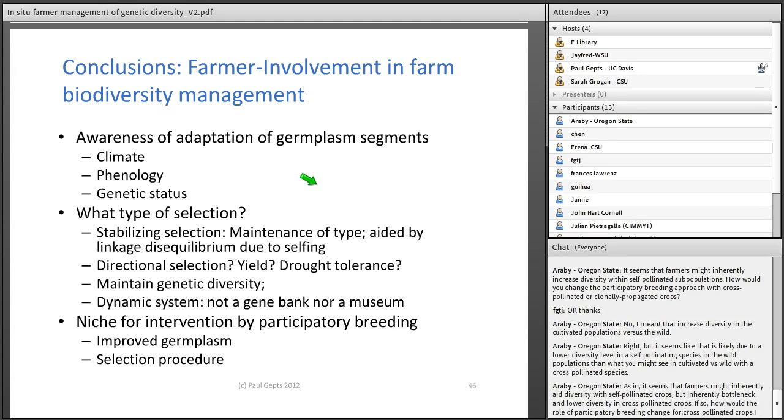If you take a cross-pollinated population like maize, for example, there is already a tremendous amount of diversity. It's in the self-pollinated subpopulations. There, the researchers would have to provide segregating populations, which you don't have to do with cross-pollinated populations. But maybe I misunderstood the question.